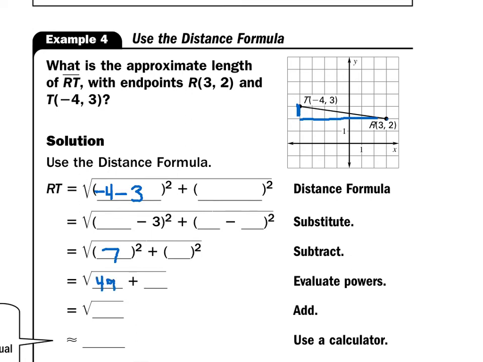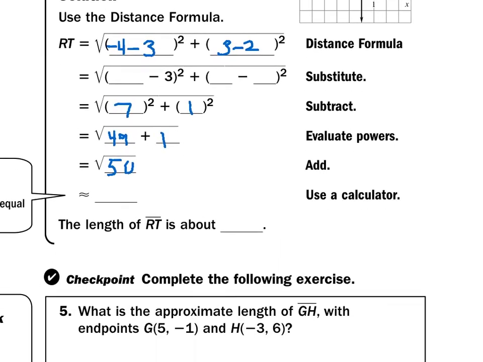Now how tall is it? Well, we could count 1, or we could say it's 3 minus 2. Okay, and that would be 1. 1 squared is 1, so square root of 50. Okay, and then they want you to use a calculator and approximate that.